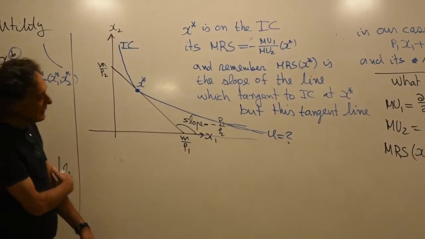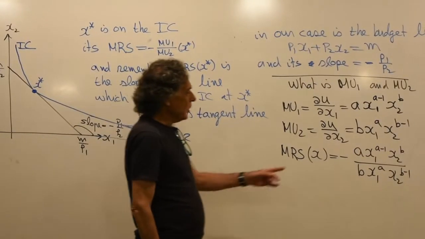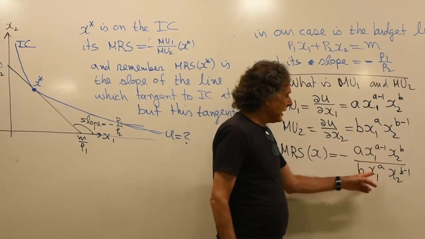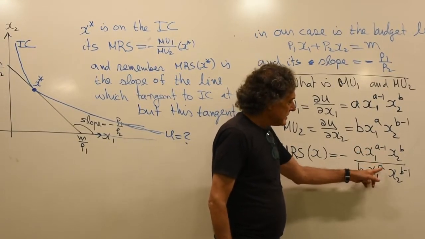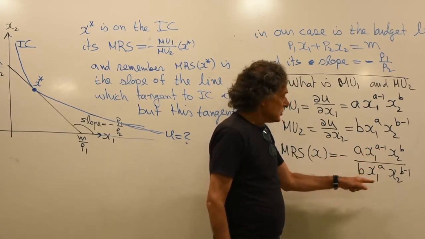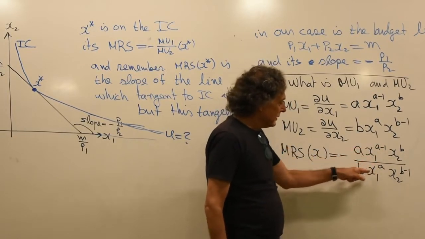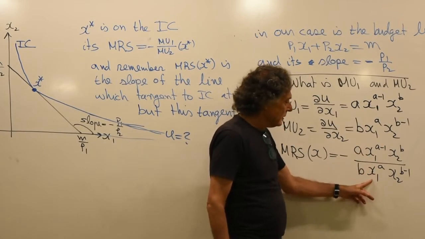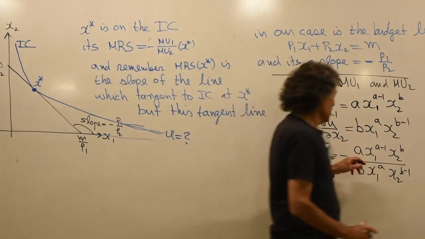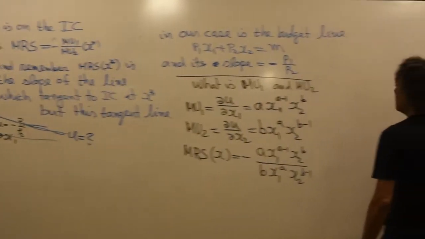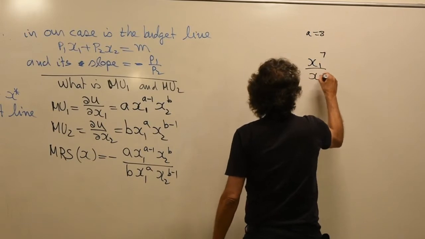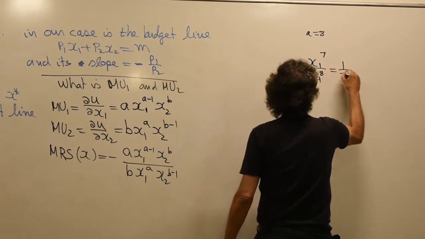Look, what is x1 to the a minus 1 divided by x1 to the a? This has one more than this. So this over this is 1 over x1. Let's say a is 8: x1 to the 7 over x1 to the 8 is 1 over x1.